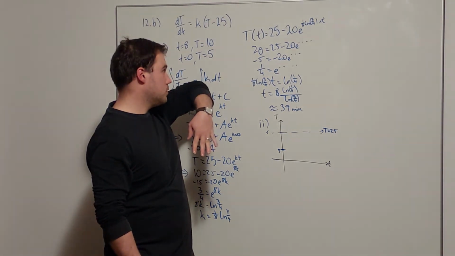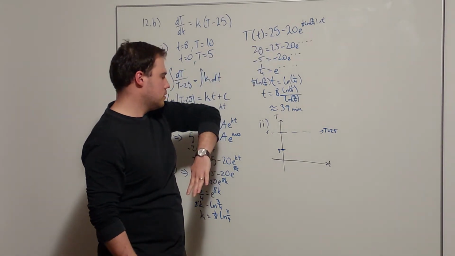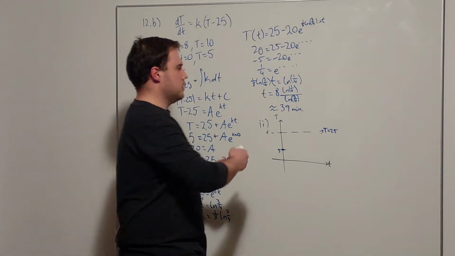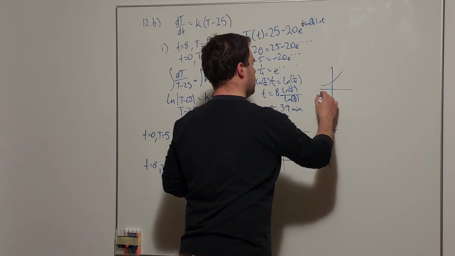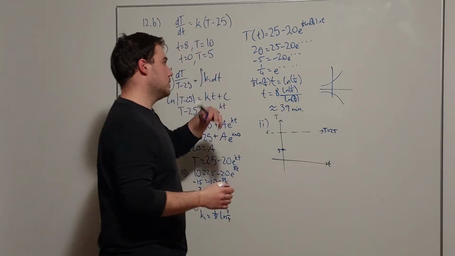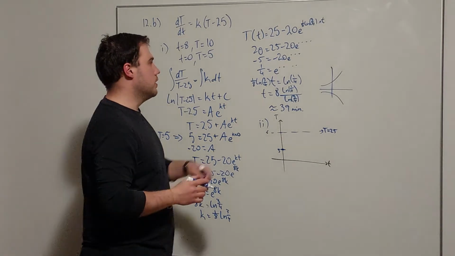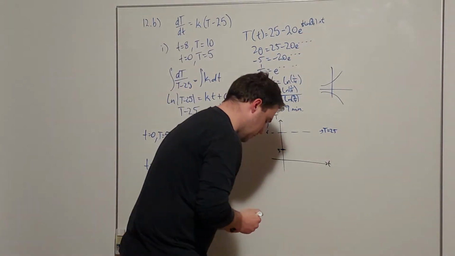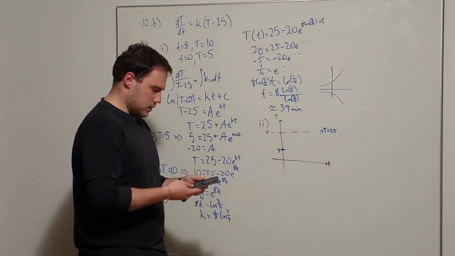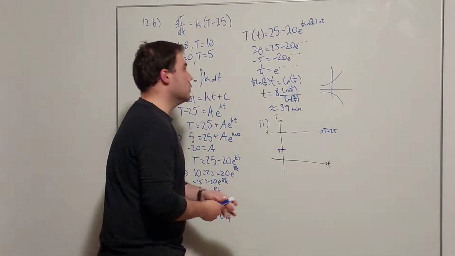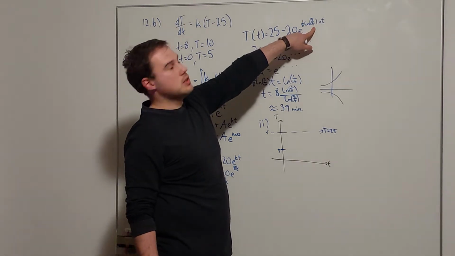And then if we do plus 25, it's going to move it up. So we've got an exponential, it's going to get moved down. That's negative. And also this, if we calculate 1/8 of ln 3 on 4, that's going to be negative as well, because natural log of a value between 0 and 1 is going to be negative.